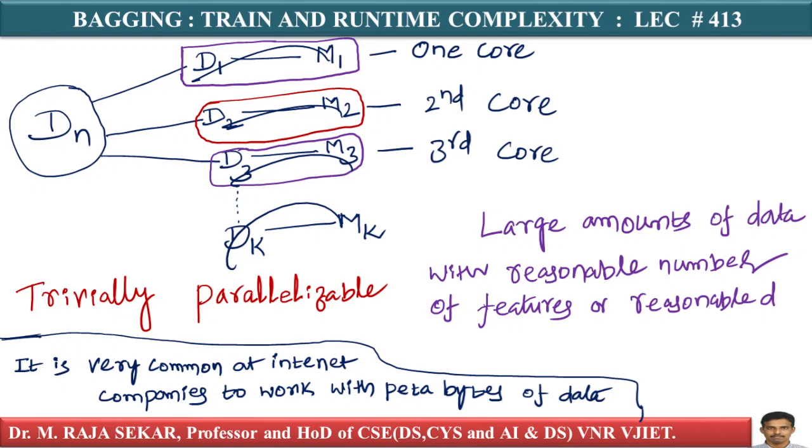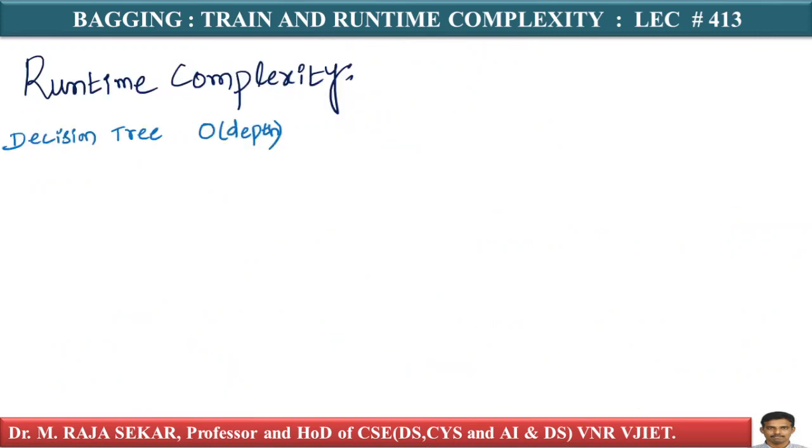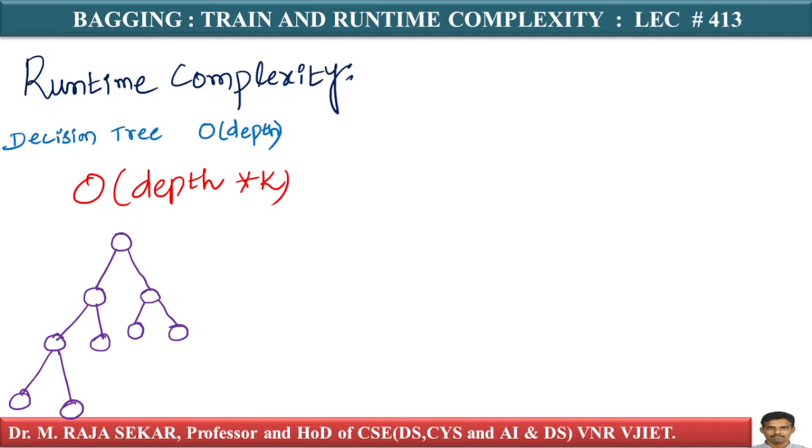We know that the runtime complexity of a simple decision tree is order of depth, because given a query point, you have to traverse through the depth till you reach a leaf node in the decision tree to decide what the class label is.